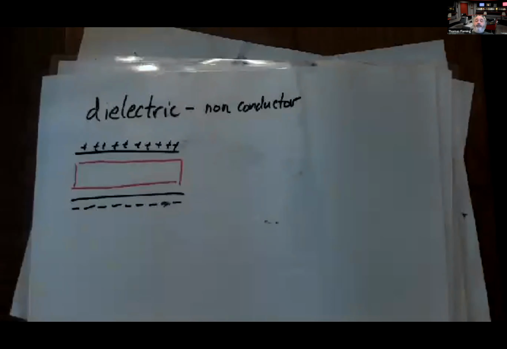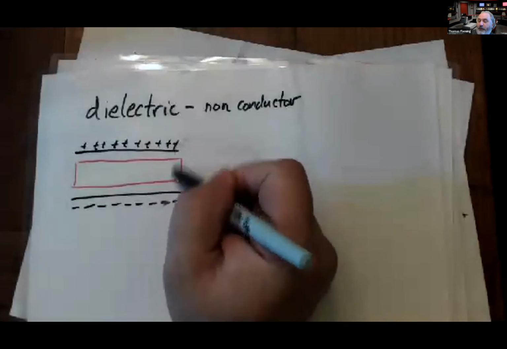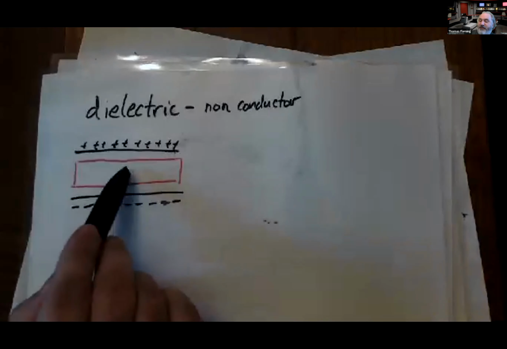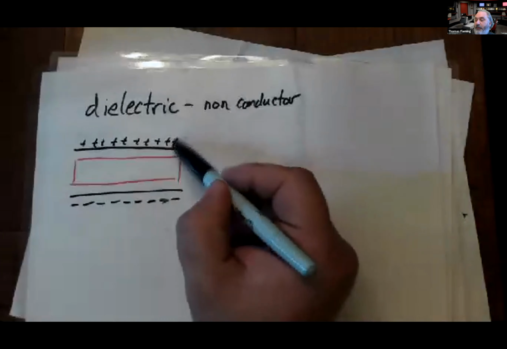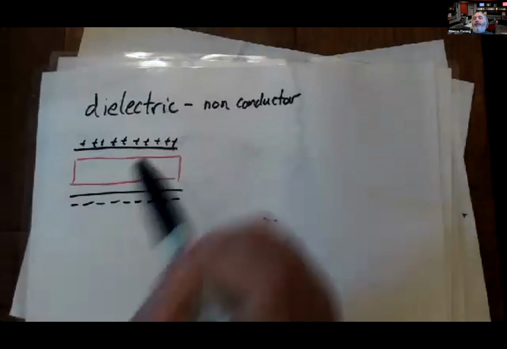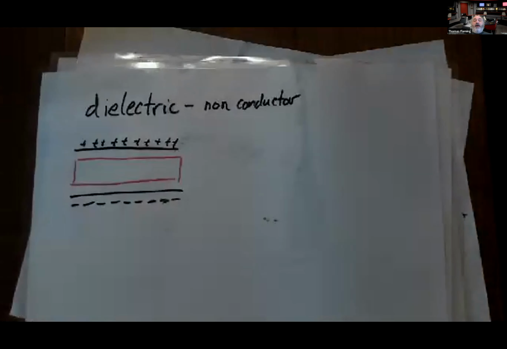But here's the issue. I can't just have an electric field and not have it affect the material in the middle, because the material in the middle is made of atoms, and atoms are made of charge. And so what's going to happen is when I activate this capacitor in the presence of that dielectric, it's going to behave differently than it would if there was nothing in between.